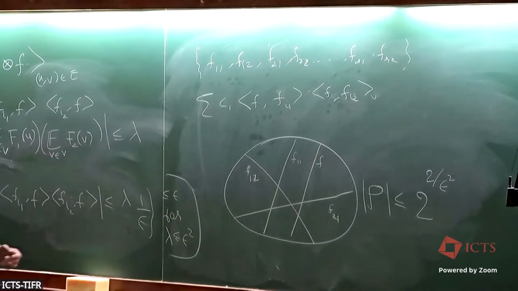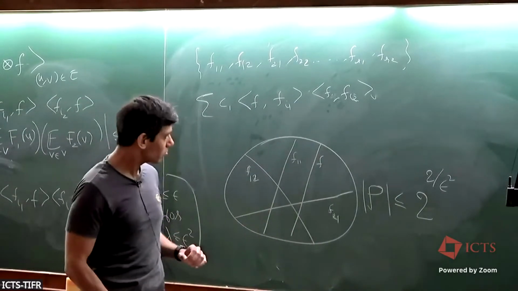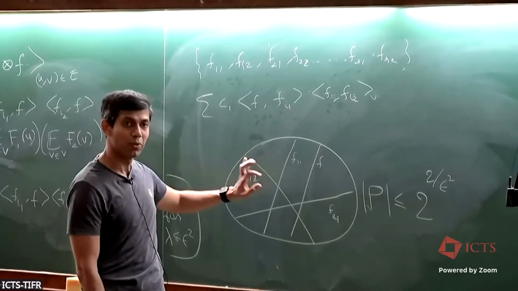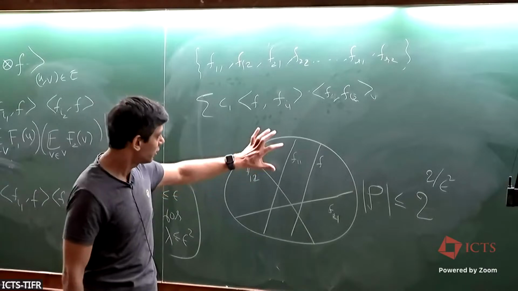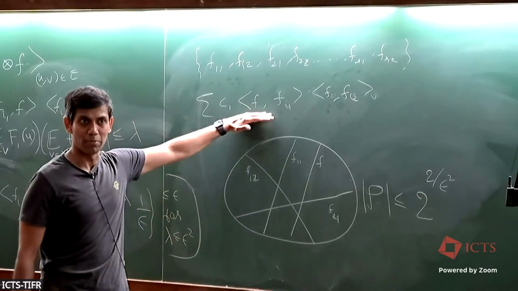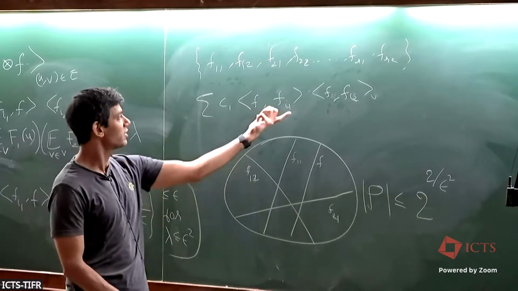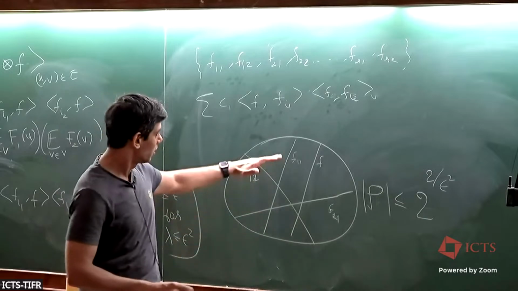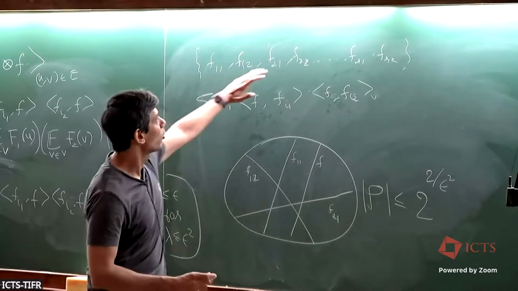Okay, good. Now I claim if I know the fraction of 1s or minus 1s of f in each atom of this space, then I know all the inner products. Because what is the inner product? It just says how much f agrees with this one or that one. This is the partition generated by all of them.